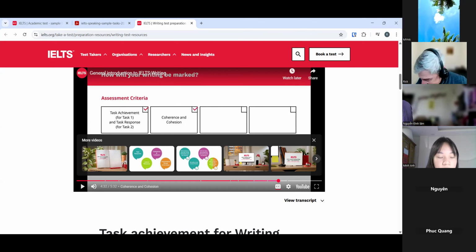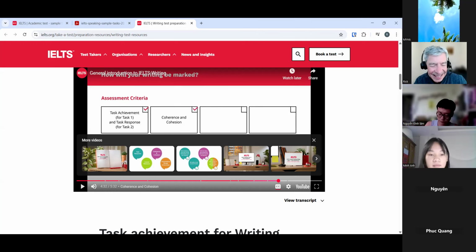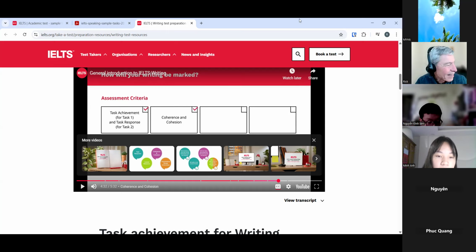Can you remember the acronym that we use to help us remember this structure? Paraphrase, overview, two detailed paragraphs.